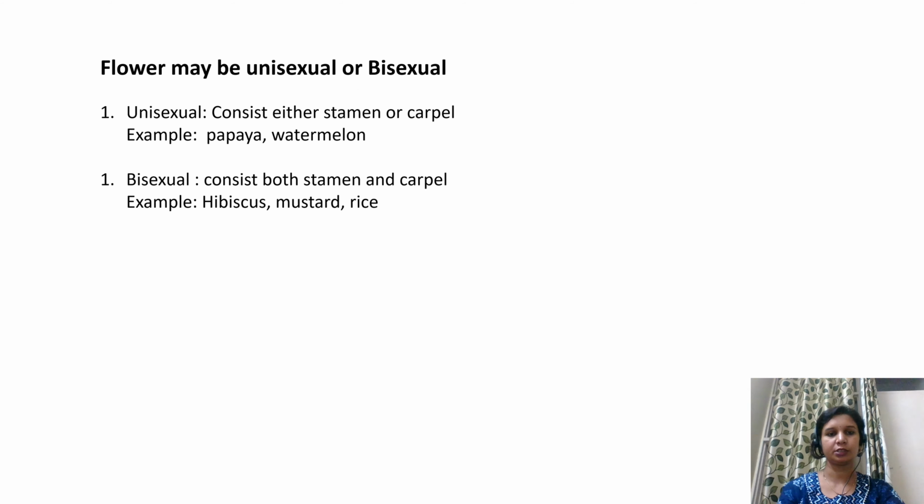Flowers can be either unisexual or bisexual. Unisexual means the flower has either the male reproductive part or the female reproductive part. As we have discussed, the male reproductive part is the stamen and the female reproductive part is the carpel.